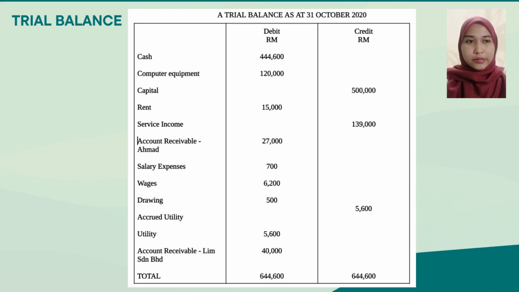Trial balance as at 31st October 2020. Cash, debit side 444,600. Computer equipment 120,000 debit side. Capital 500,000 credit side. Rent 15,000 debit side.